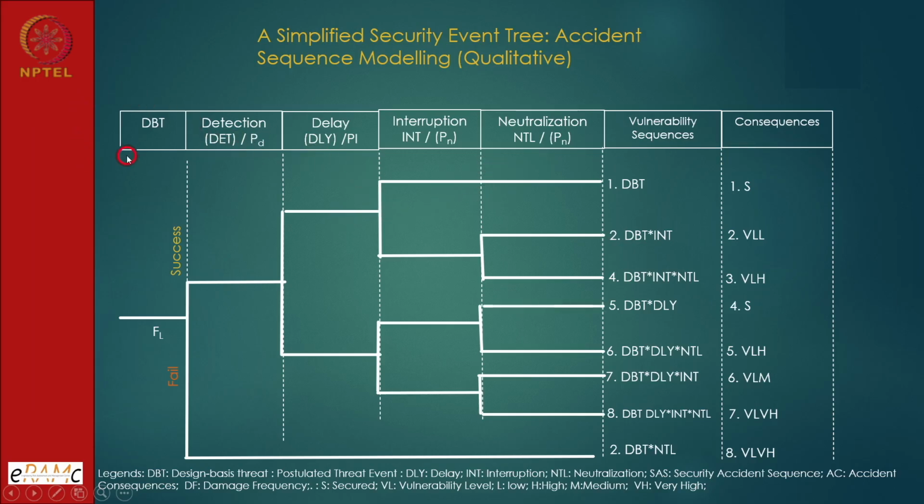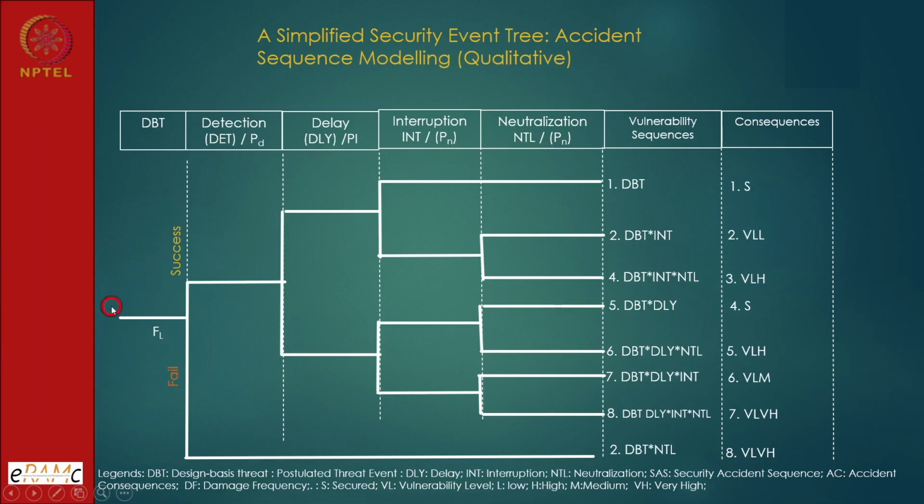So you can see like a PSI event tree, the design basis threat. I have taken design basis threat because a lot of emphasis is placed on it, and this is the frequency of the design basis threat. That means, in a hypothetical case, if I satisfy this event tree and show what the damage levels and their consequence management are, I have designed a very good system, because of detection, delay, interruption and neutralization.